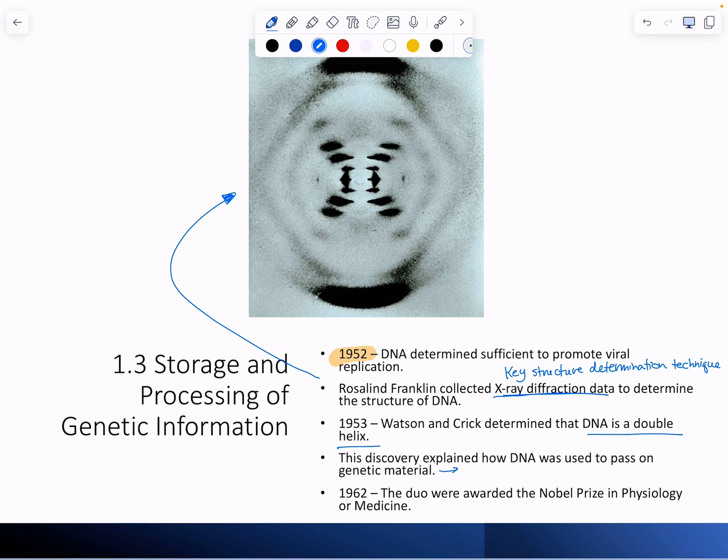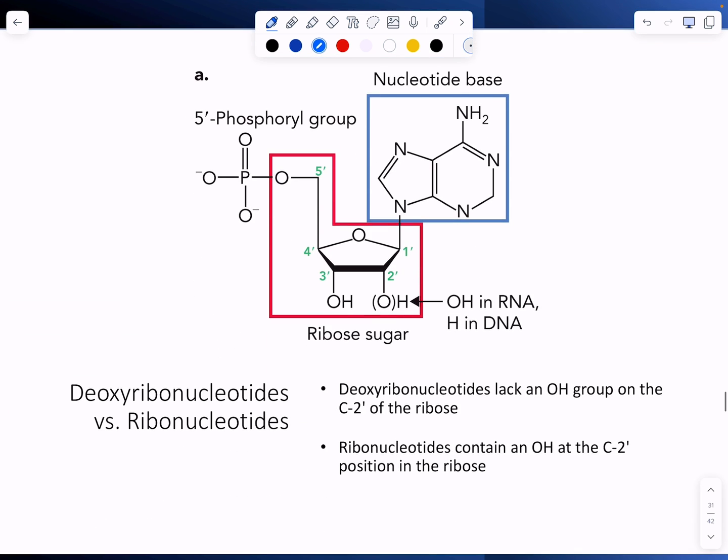So this is structure guiding our understanding of function. And that's a key thing to keep in mind. We're going to study these molecules in structural detail so that we can understand how they work, okay? And we can get kind of rules of how they work.